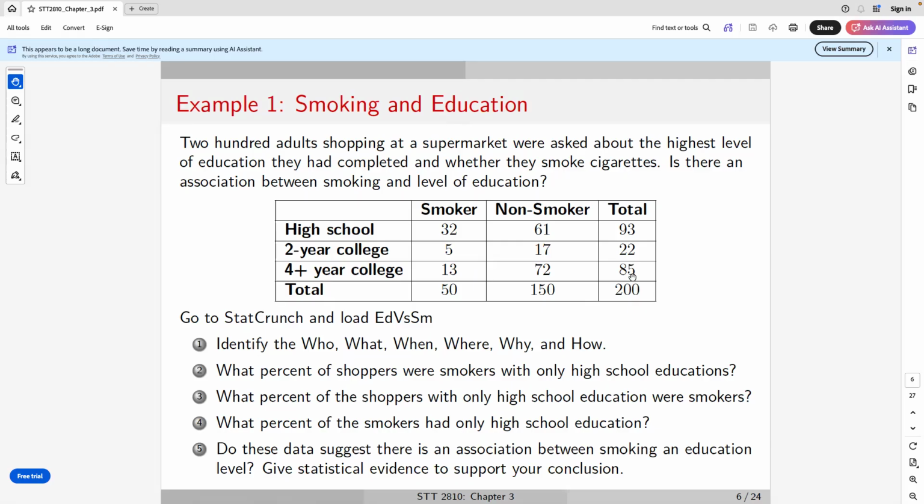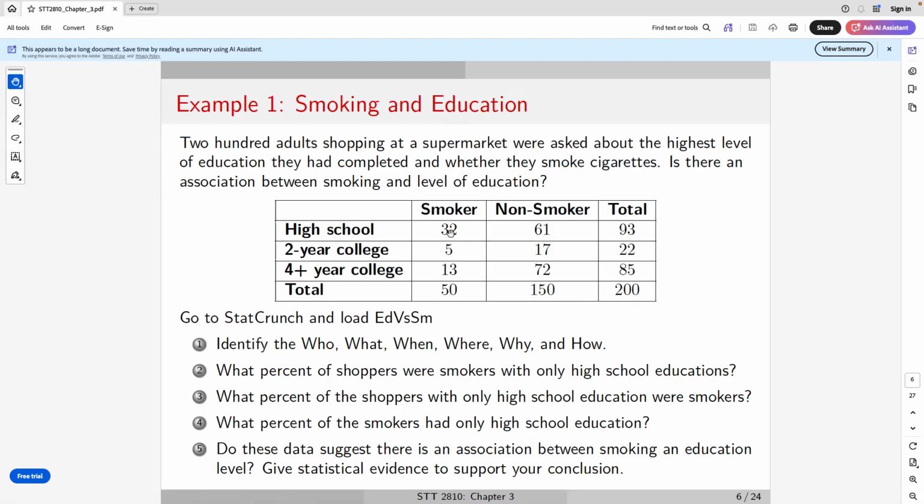Is that okay? So to be able to answer whether there is an association between smoking and education level, we can compute the smoking percentages within each education group. For high school, the total number of students is 93, and 32 of them are smokers.